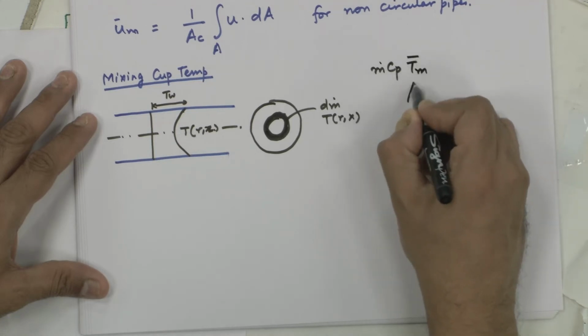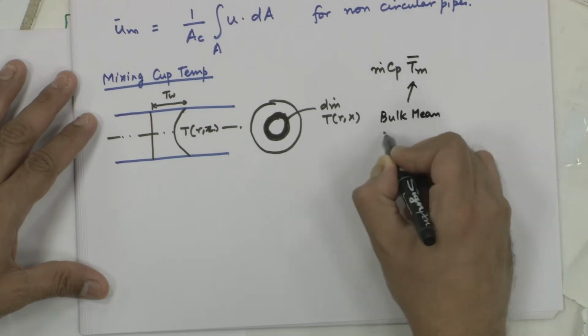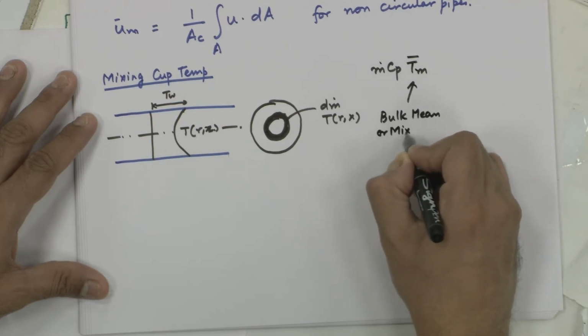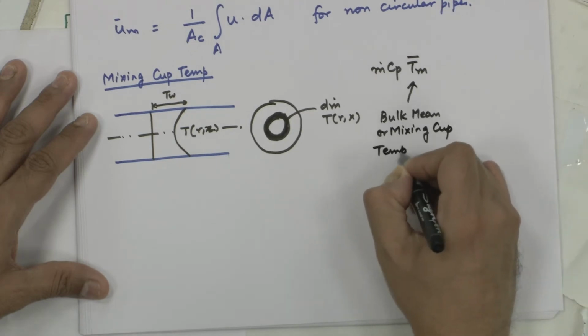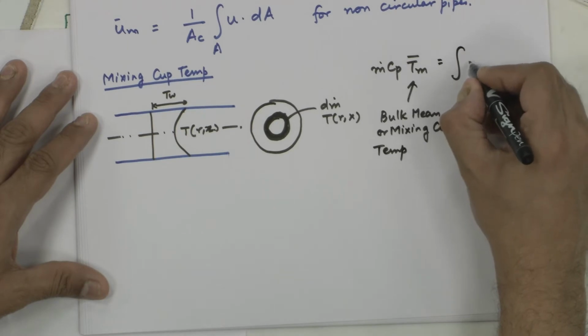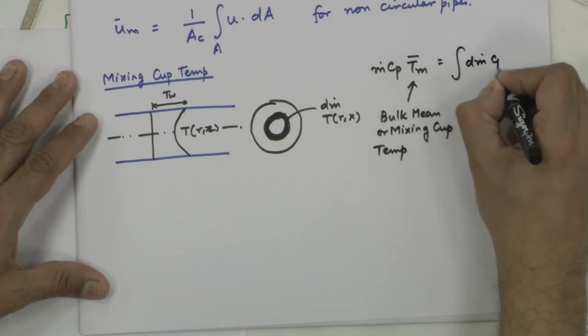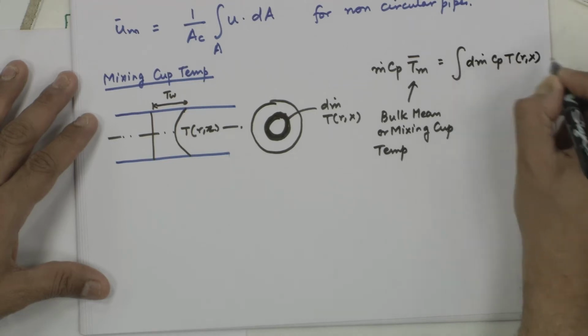This is your mixing cup or bulk mean temperature. That is nothing but the integral over the area of dm dot Cp T local, which is r comma x.